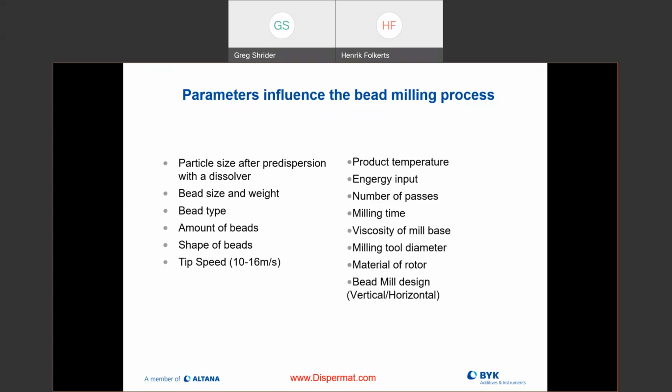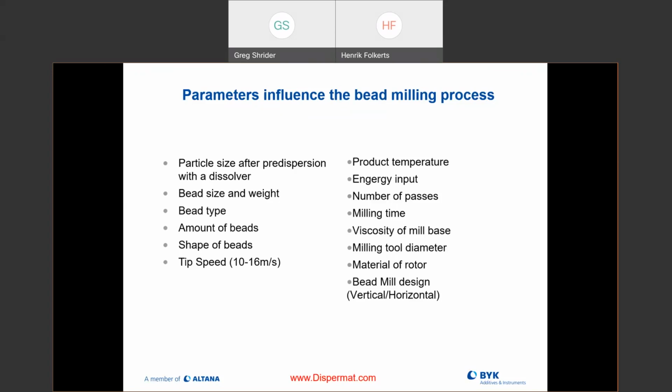How many passes does it go through? Do I have a pass-through method, or do I have continuous mode where I'm circulating my product? There are a lot of different ways I can mill my product, but with an immersion mill, obviously there is no pass-through. It's all a batch system. So we're going to have to watch what kind of mill we use for the process.